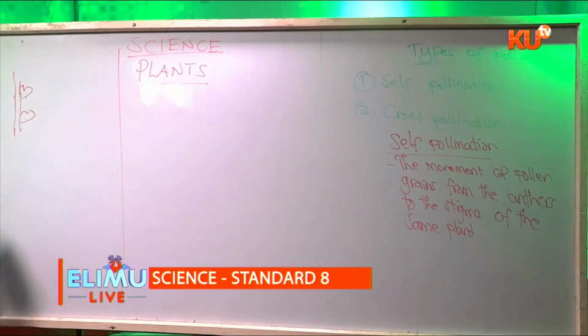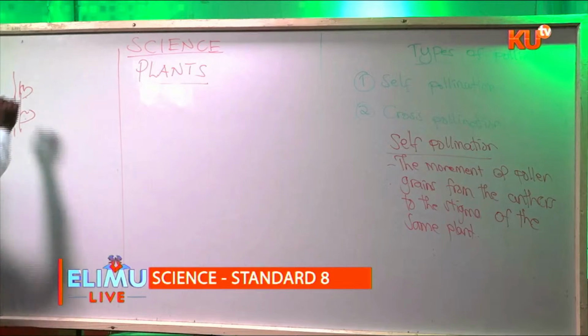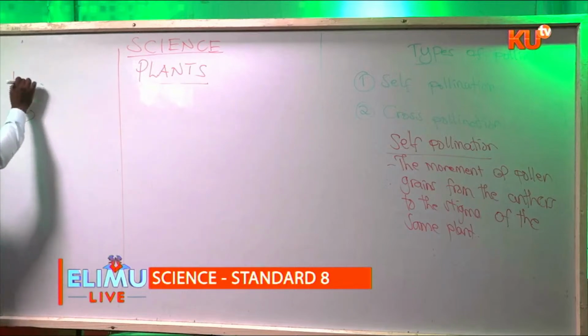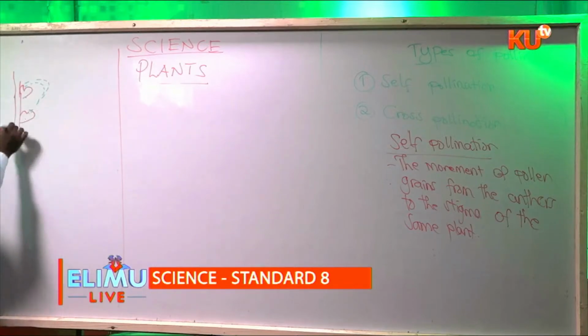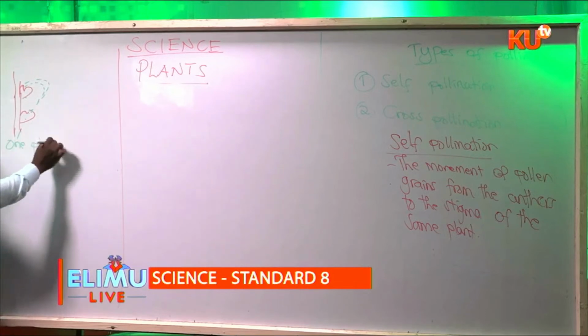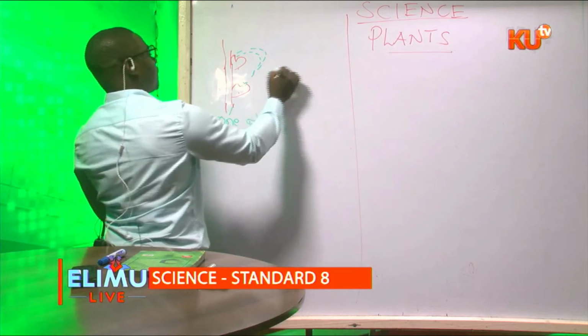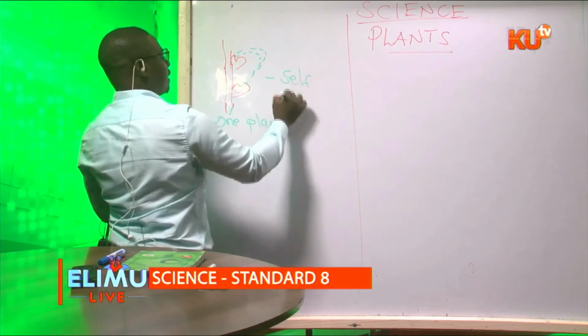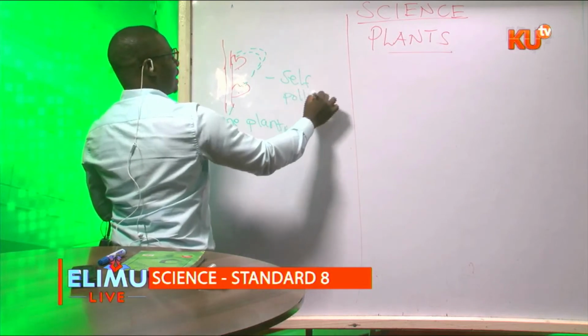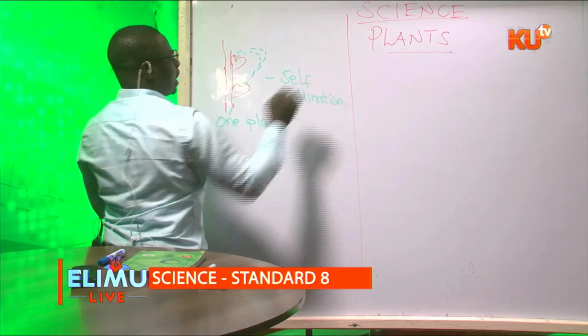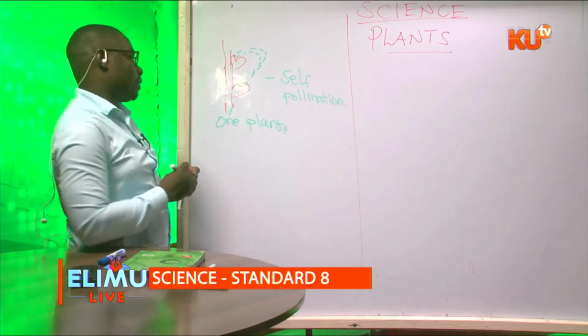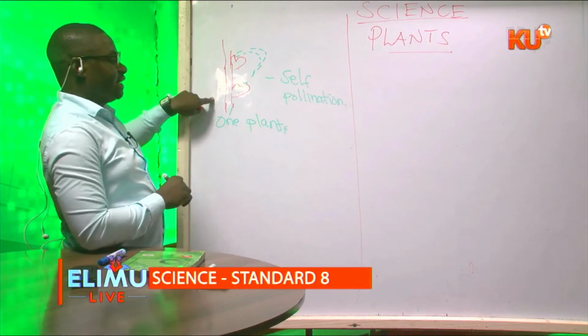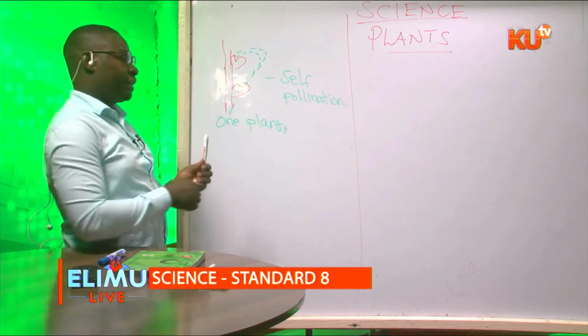It must be movement of pollen grains from the anthers to the stigma. If you look at the plant, this is just one plant. So this is what we call self-pollination. It can either be one flower or different flowers, but the idea is one specific plant.